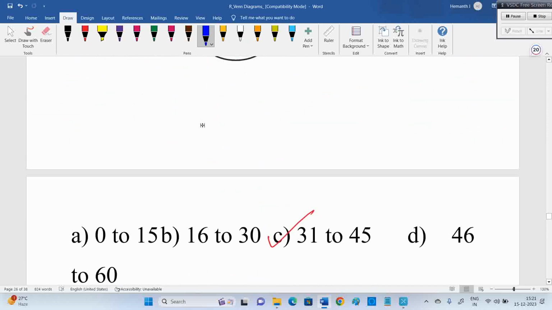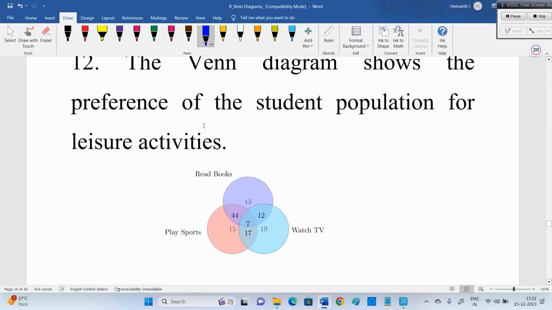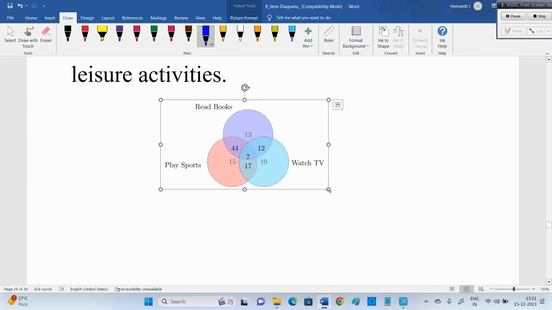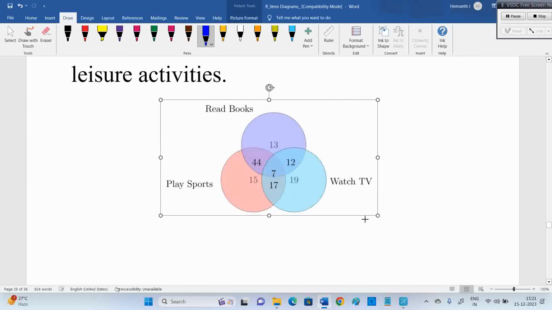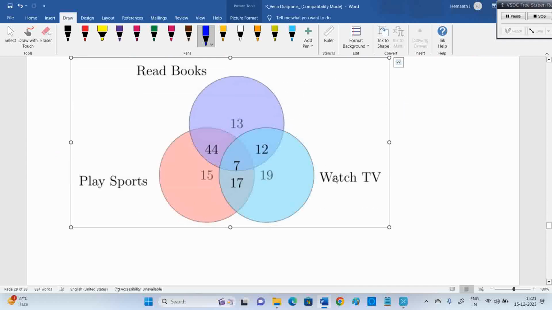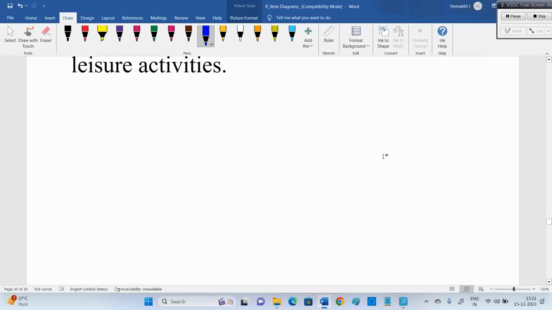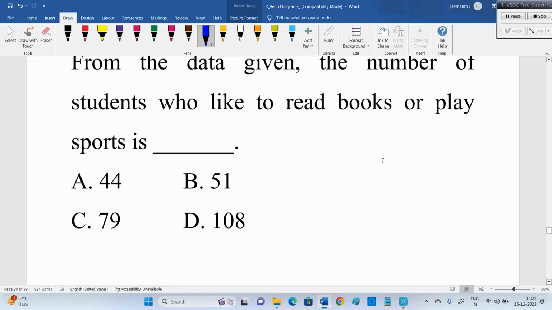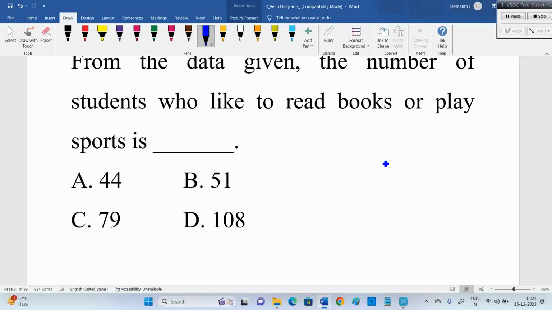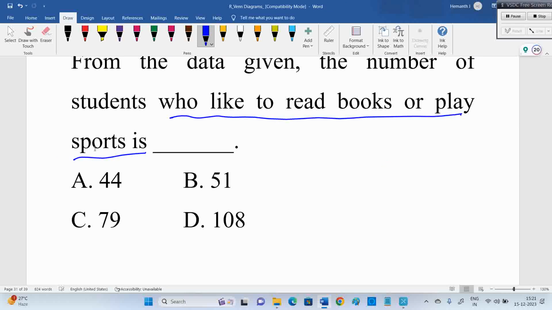Next question, again related to a diagram, is this. There are different activities like reading books, playing sports, watching TV. Okay, all this is fine, but what are they asking in the question? Who like to read books or play sports?